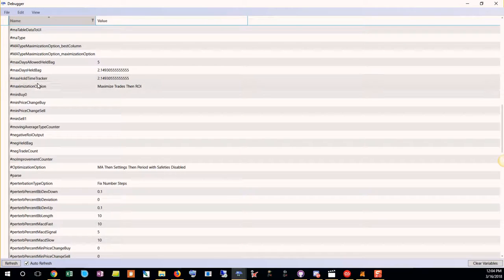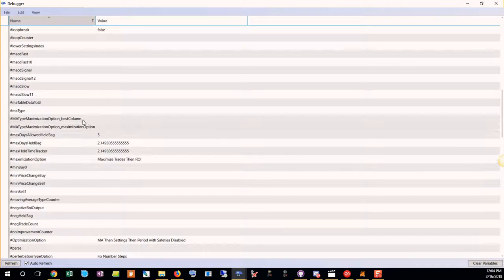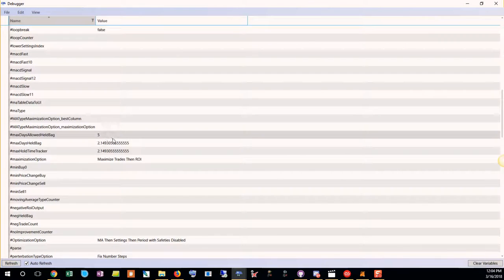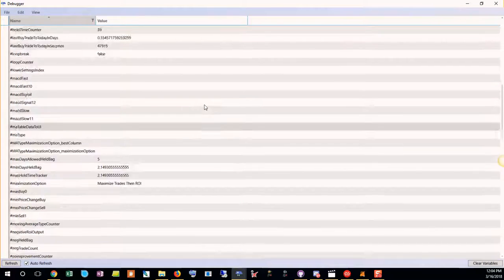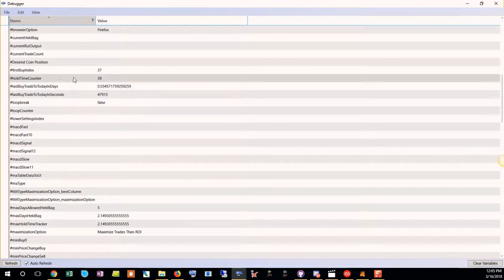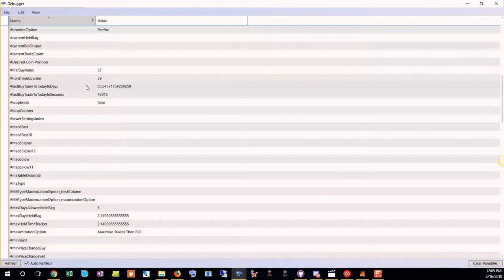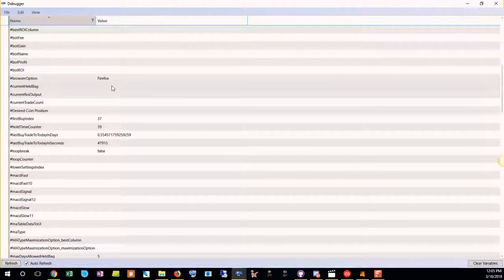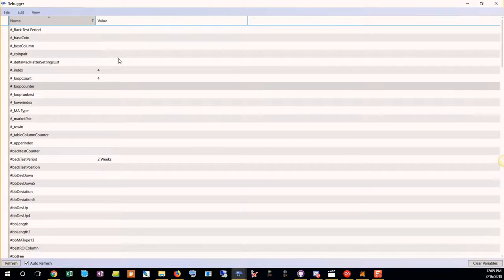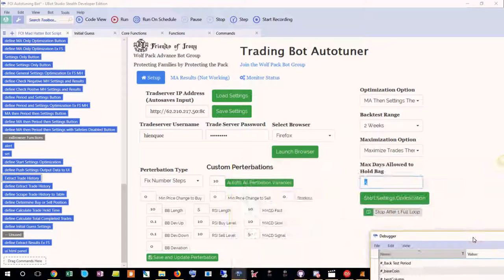So the max hold time, max trade count. There should be a max trade count somewhere. Anyways, I don't think that's important to find out. I don't want to bore you guys, but there's hold time counter, first buy index, last trade. Well anyways, there should be 21 in here somewhere. I can't really find the variable, but it is in there.